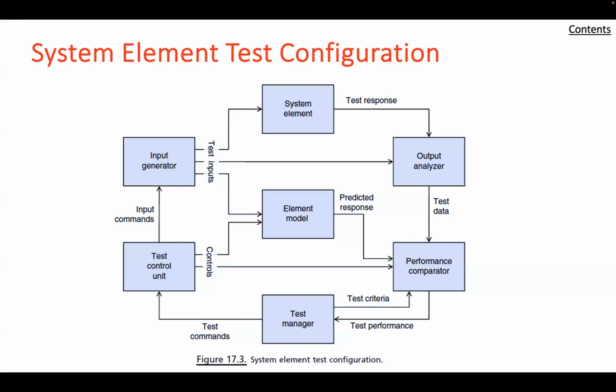In one extreme, it may be a specially constructed and validated replica of the system element itself. At the other, it may be a mathematical model of the element, perhaps as simple as a table lookup if the predicted performance is an explicit function of the input. How it is configured determines the form of the input required to drive it.